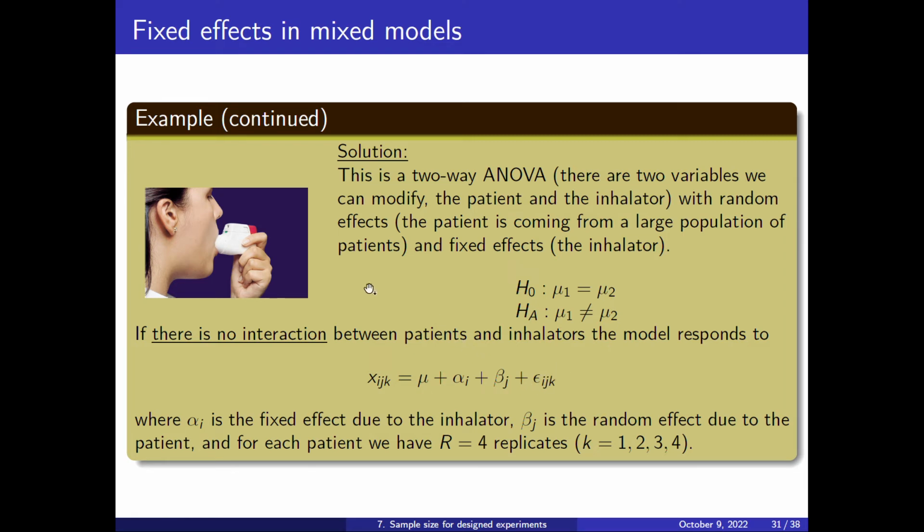So our model will be that the measurements that we have is something that depends on an overall mean, something that depends on the inhalator, something that depends on the person, and then some measurement noise. And for each one of the patients, we will have 4 replicates. Okay, so this k goes from 1 to 4.